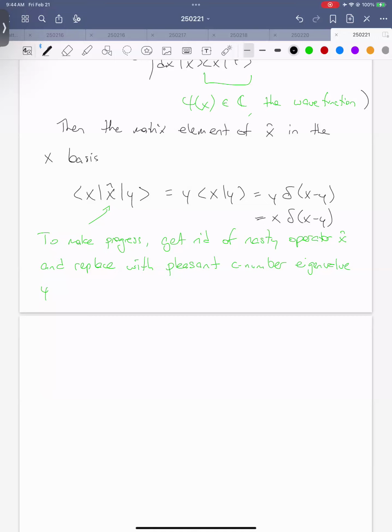We'd like to work out the matrix element of the p operator in the position basis. But maybe we'll just pause. Super. We need to be a bit clever.